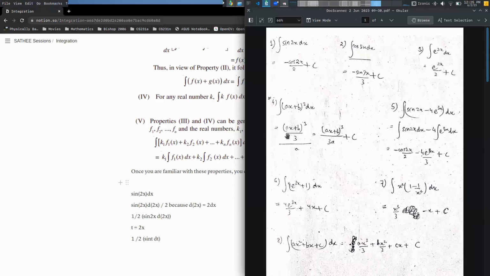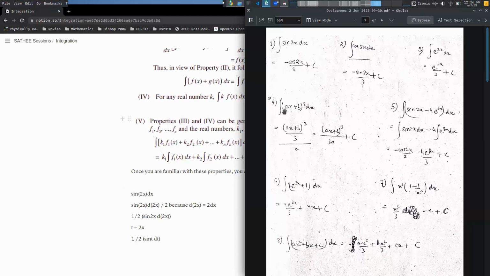So we can simply calculate the integral as if we are doing it for x itself. It would give (ax plus b) cubed divided by 3, and divide by the coefficient of x, which is a. Note that b would not have an impact here because b does not have x, it's just a constant and it does not matter. So we'll just divide by a directly, and we have basically integrated this treating ax plus b as x.